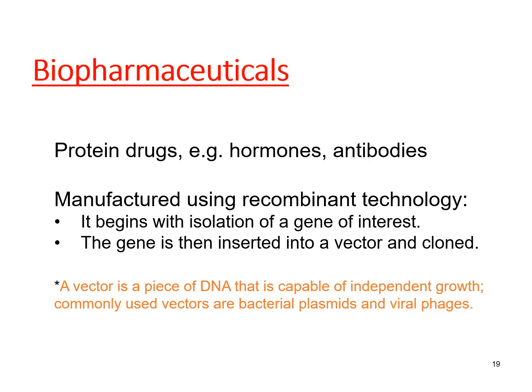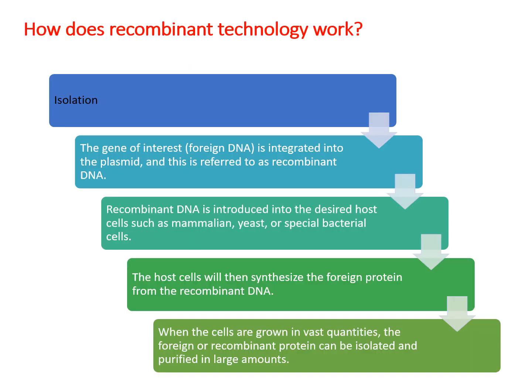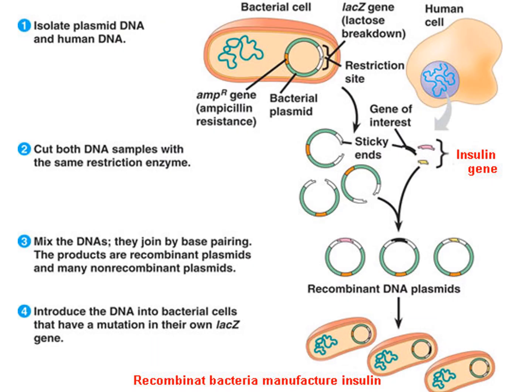Basically, it makes use of cells such as bacteria, yeast, or mammalian cells to synthesize these protein drugs. If you are interested in the basics of how recombinant technology works, you can refer to these two slides, which are inserted for your reference.